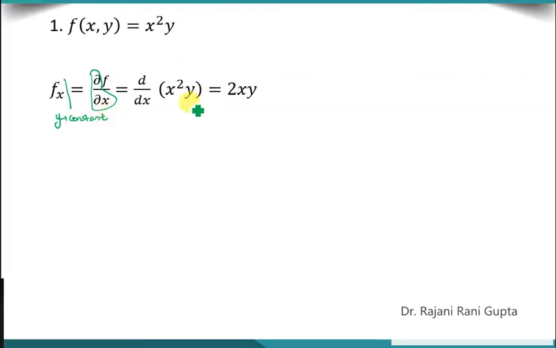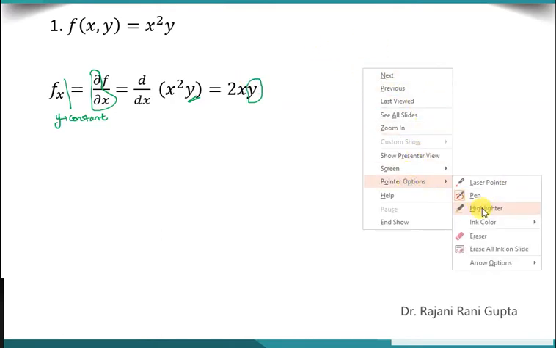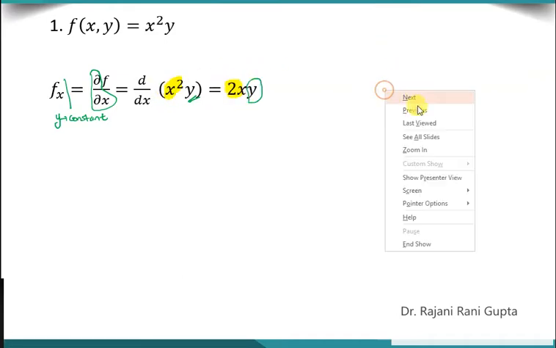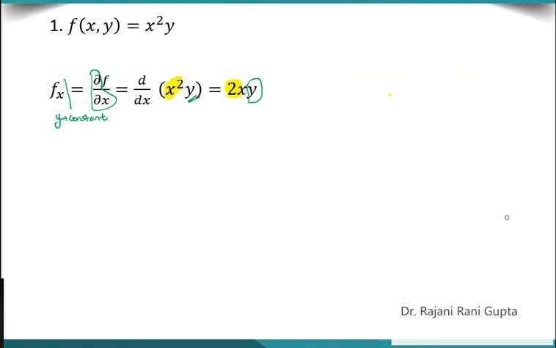Since y is a constant, we keep it the same. So the only term that we need to differentiate here is x square, and we use the normal rules of derivative. The derivative of x power 2 is 2x. We know the rule for the derivative of x power n is n x to the power n minus 1. So we used this rule and we got the derivative.